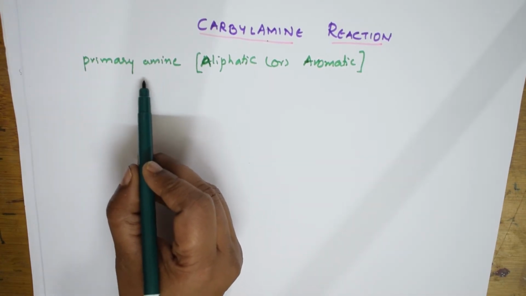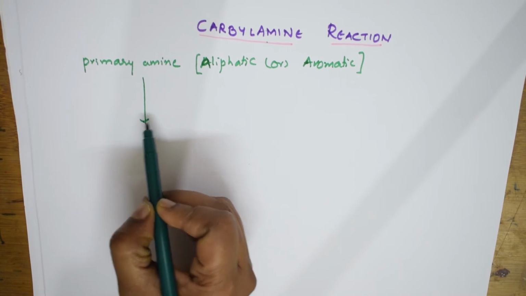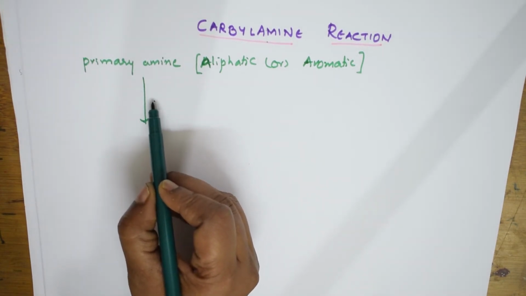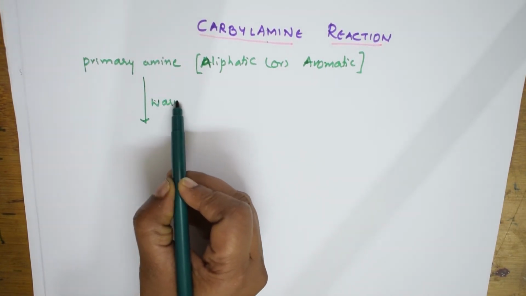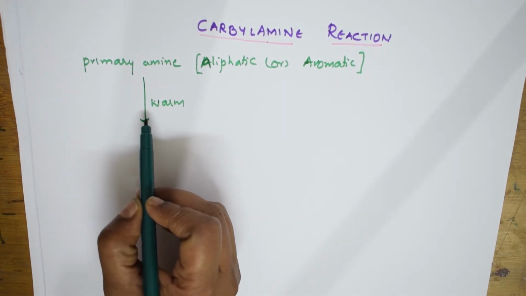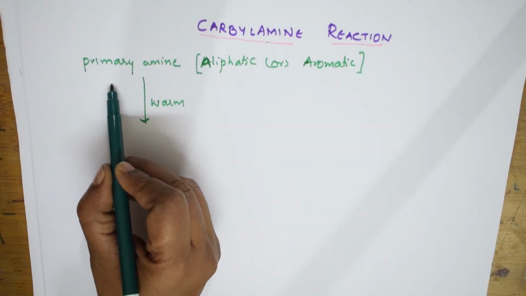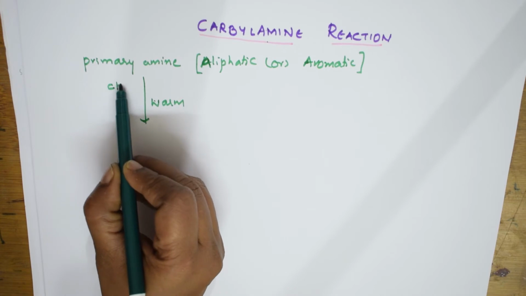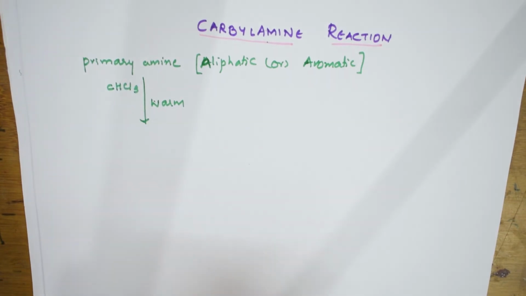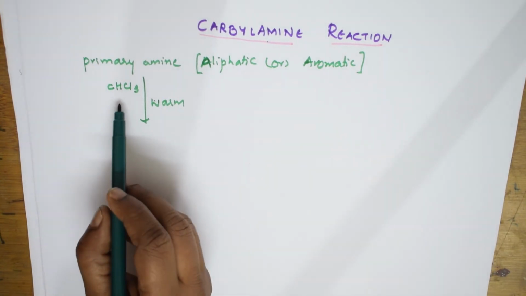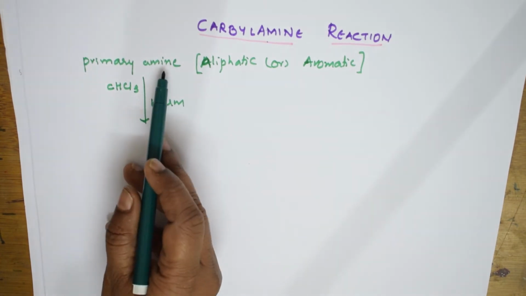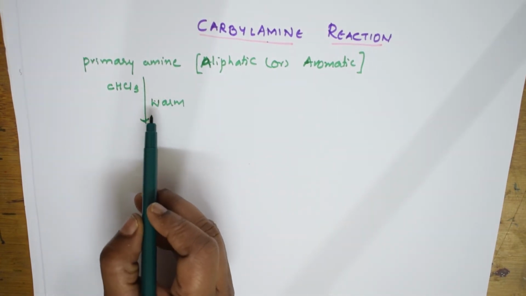What am I going to do? I'm going to take this primary amine and warm it. With what am I warming it? I'm going to warm it with chloroform. What is the formula for chloroform? Chloroform is CHCl3. I'll be warming this primary amine with chloroform.